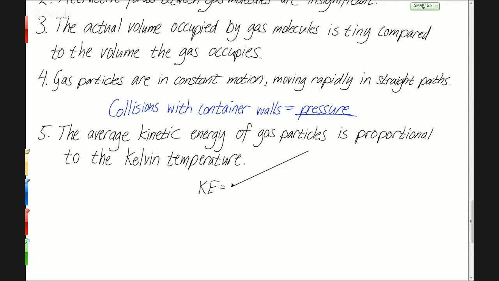Kinetic energy is, whoa, yeah, that's not really going to work, is it? We're almost done. Close. That's terrible. We'll put it on the board.